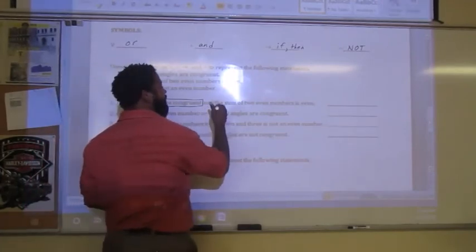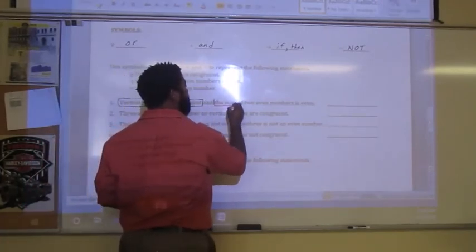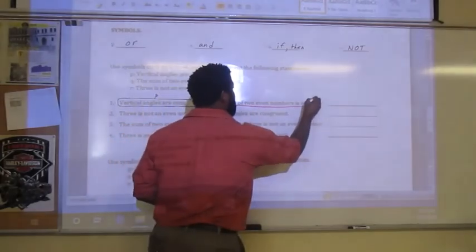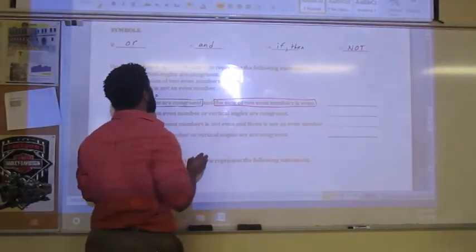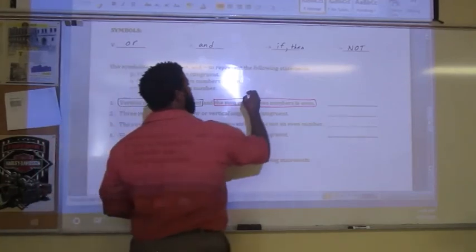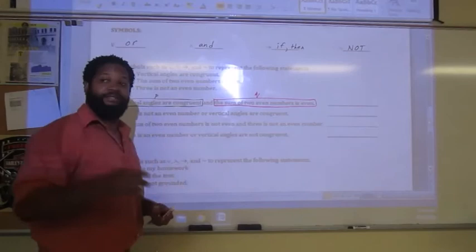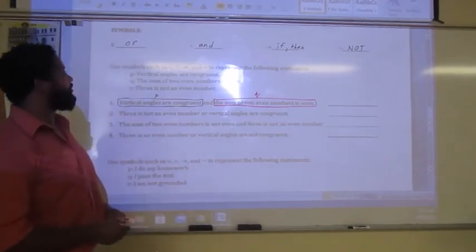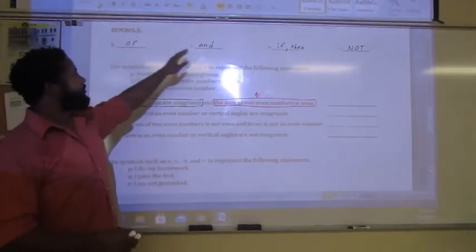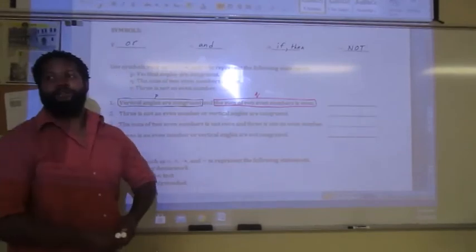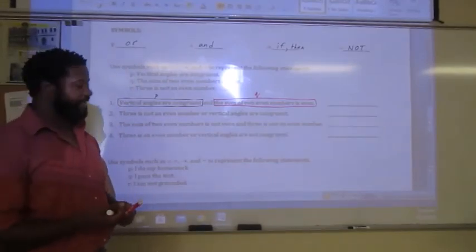And the sum of two even numbers is even. That's Q. So it's the P and the little upside-down V of the Q. Which one, first, second, third, or fourth? It's the second. Good job.